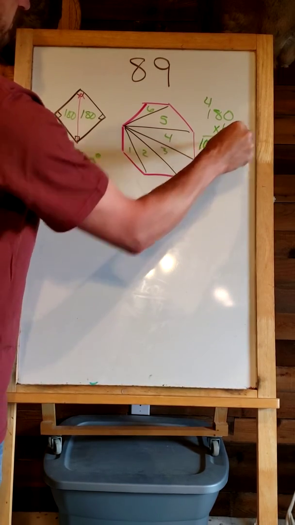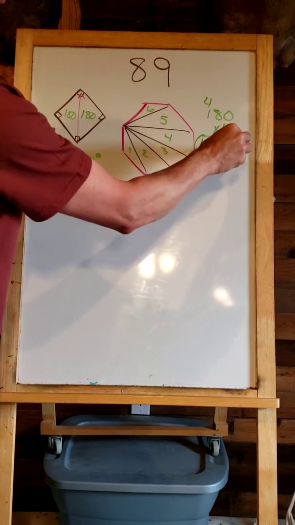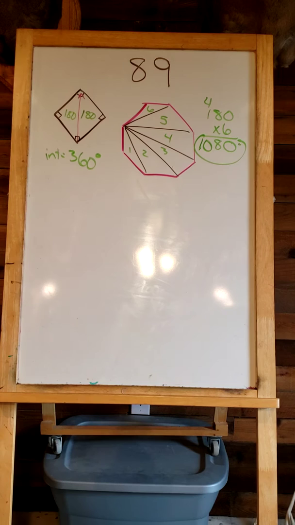The total interior angles for our octagon would be 1080. Okay? So we've got to make sure we are looking at that.